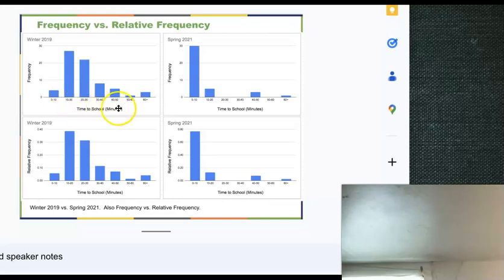Time to school in minutes. So this is two different terms. The data is how long it took them to go to school, and the frequency is on the vertical axis for those two terms. And then in the second graph, I do relative frequency.